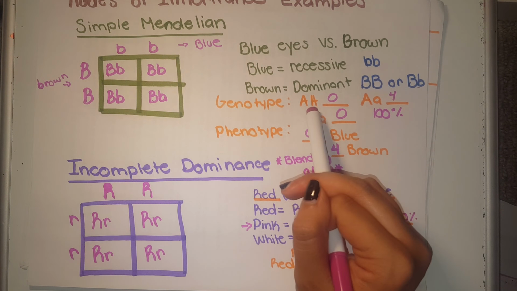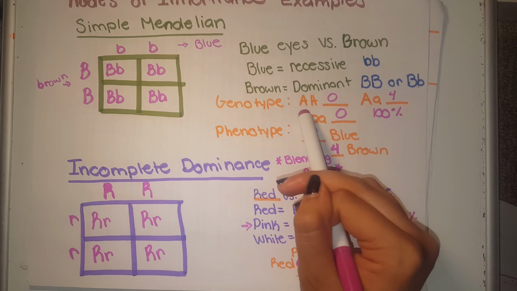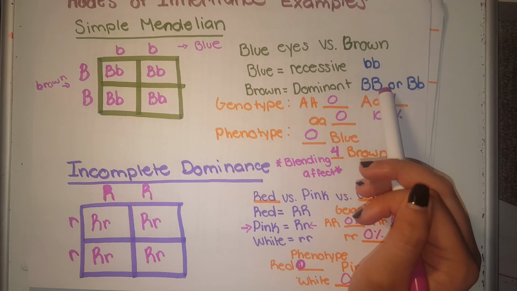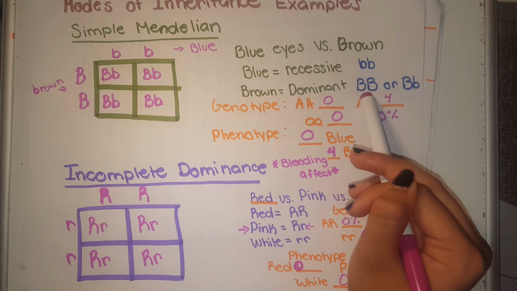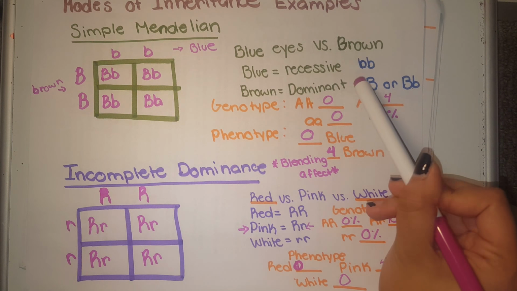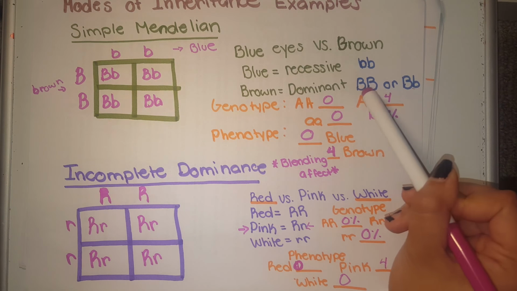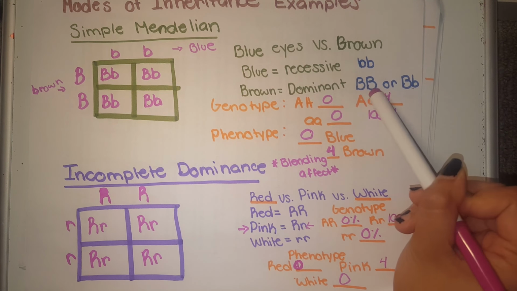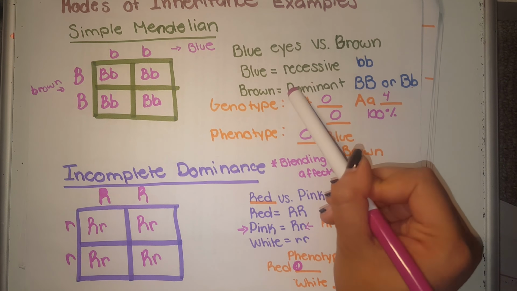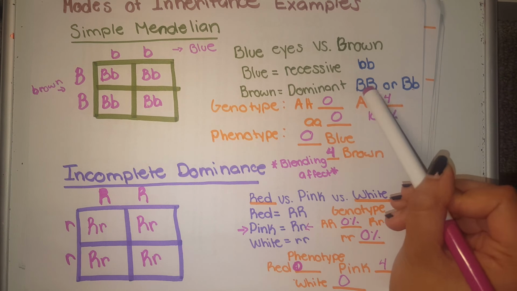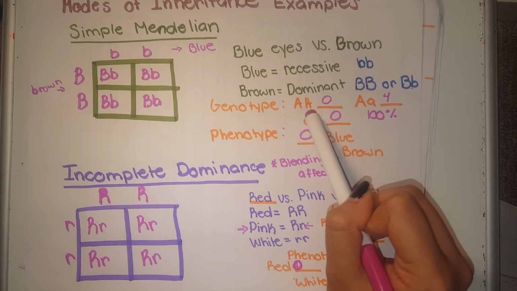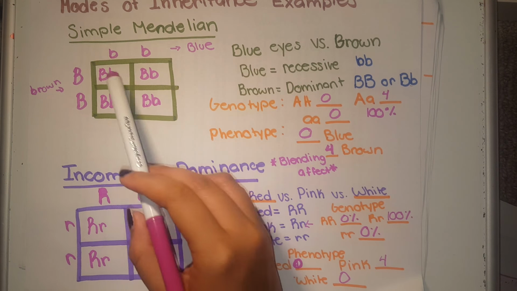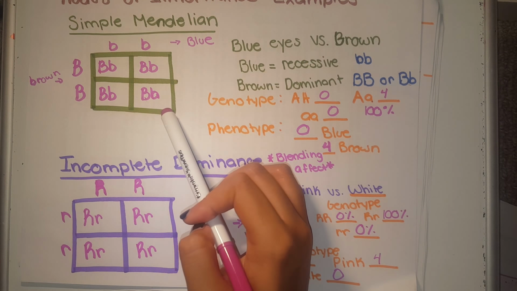We see that there are no homozygous dominant, which means two big letters, because homozygous means the same letter, and dominant means it has to be the big B's. It's asking for homozygous dominants, and we can see from the results that we do not have any.